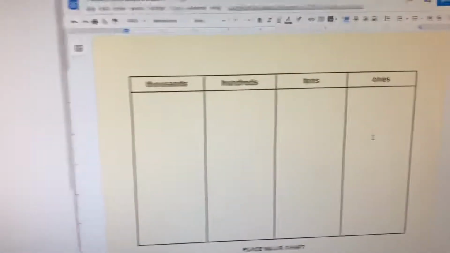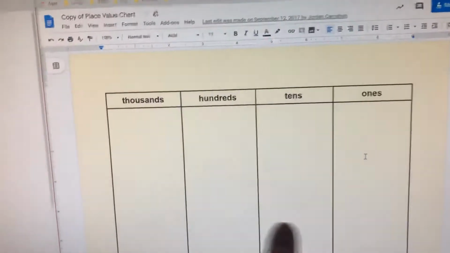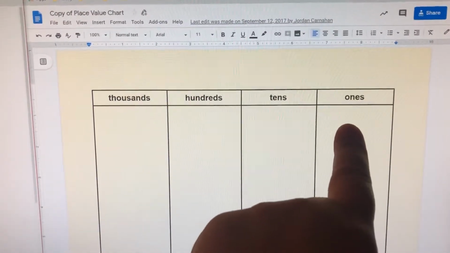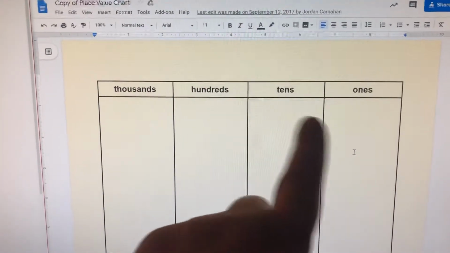So I need to figure out, when I'm looking at a place value chart and I have ones, tens, hundreds, and thousands. This is just a small place value chart. How do I get a 1 cube that is over here to be over here? You can't just put 1 over here. What do you need to do? You need to take that 1.